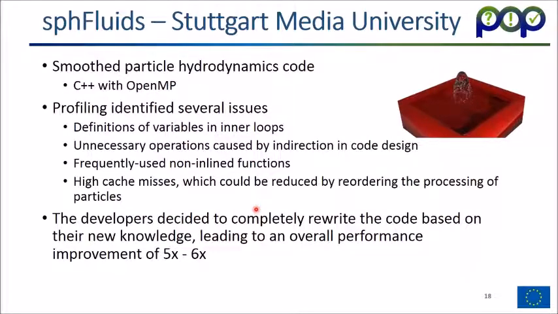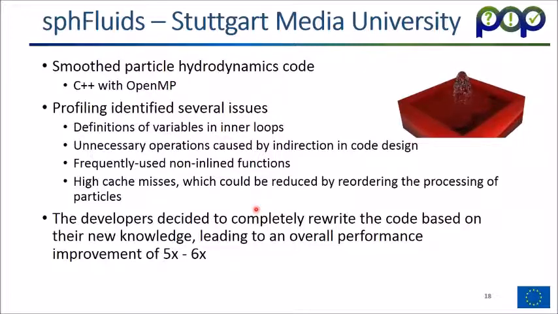And another example, this is a smooth particle hydrodynamics code from Stuttgart Media University. This is a C++ code using OpenMP for parallelism. And again, profiling of this code identified several issues. Profiling here was done with Extrae and Paraver.